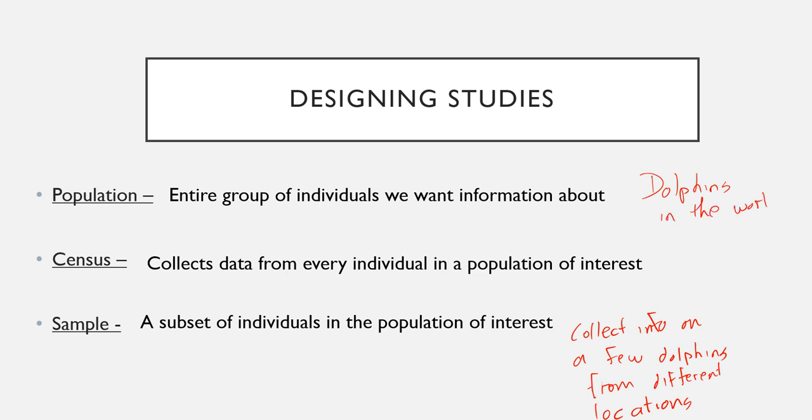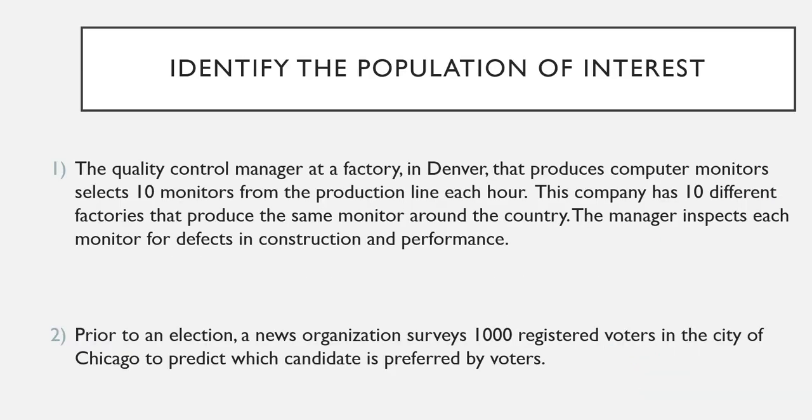So maybe we would collect information on different sets of dolphins in different areas. Again, we wouldn't be able to get every individual in that population, but we could collect info on a few different dolphins from a few different locations to start to get a picture of what's happening with this population of interest.